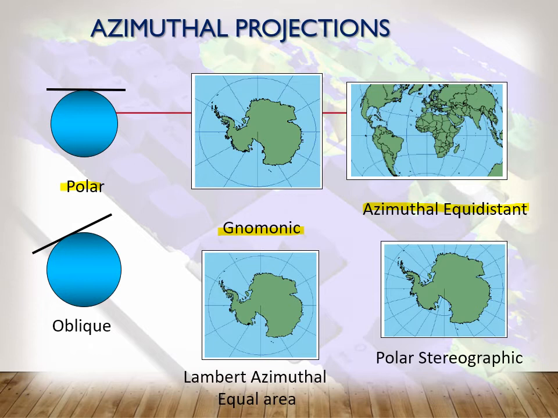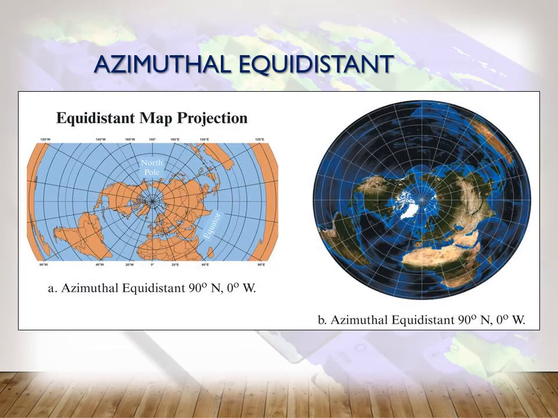The only one that isn't polar is this azimuthal equidistant, but Antarctica often has its own set of projections, and so does the Arctic. Again, these are some examples of azimuthal projections where right at the north or south pole you would have no distortion, and then the distortion would increase as you go away from the poles.